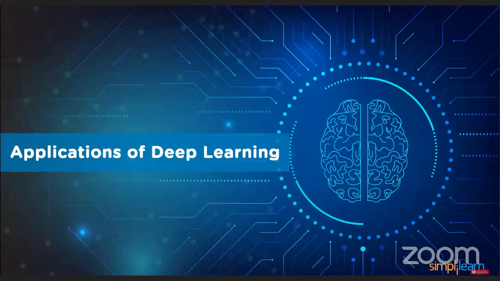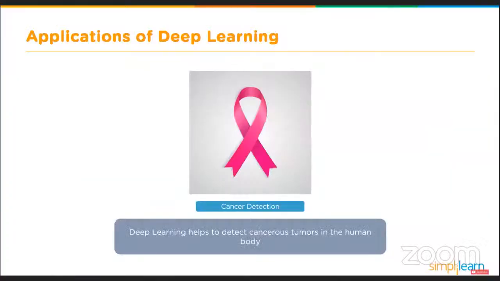Some of the applications of deep learning. Deep learning has made major inroads, and a major area in which it is applied is healthcare. And within healthcare, particularly oncology, which is basically cancer related. One of the issues with cancer is that a lot of cancers today are curable.